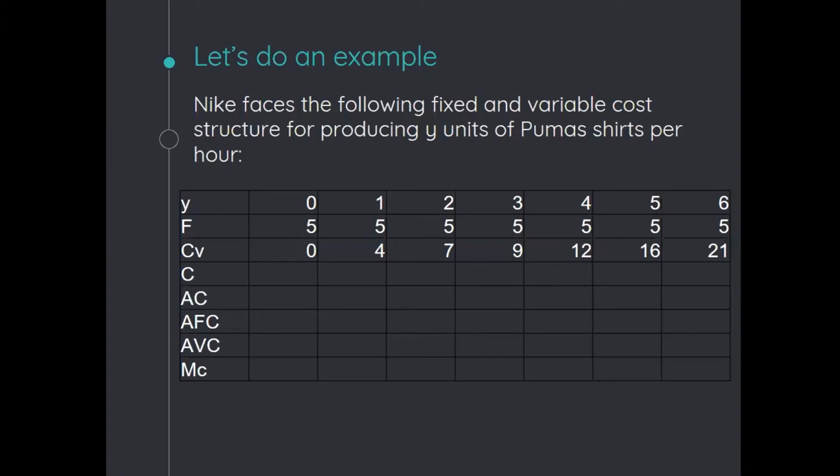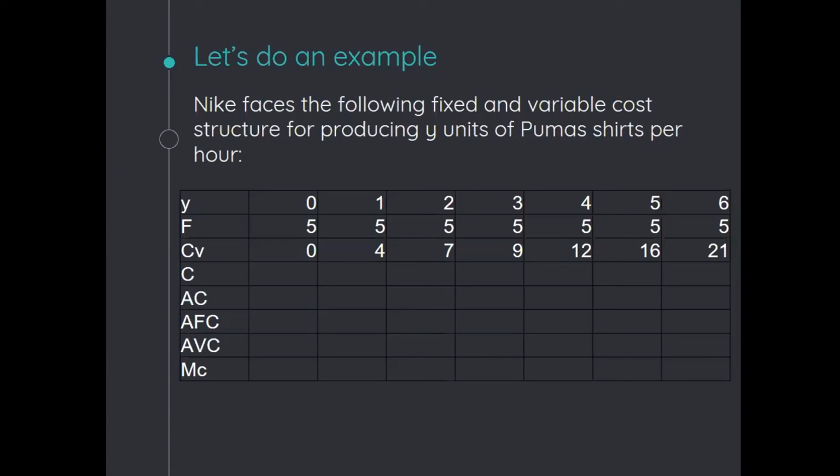The key thing is to get the correct row. For the average fixed cost, you work with the fixed cost. For the average variable cost, you work with the variable cost, and like that. And the marginal cost, you can find it in various ways. One way, and that's a little bit what we showed in the tables and graphs from last class, is that the marginal cost is the difference for every additional unit.